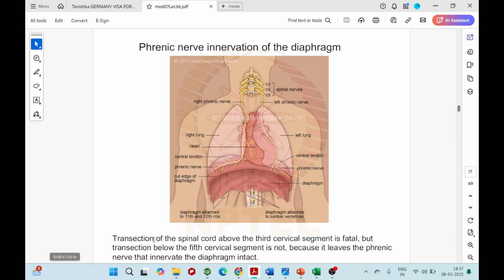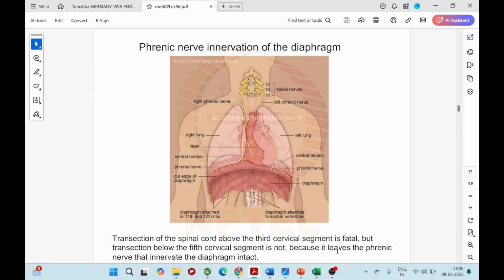The transection of the spinal cord above the third cervical segment is fatal, but the transection below the fifth cervical segment is not. If you take a knife and make a cut below the C5 segment of the spinal cord or cervical vertebrae, it is not fatal.